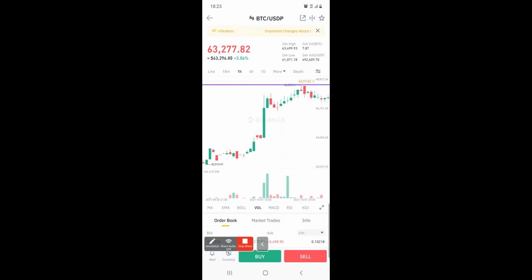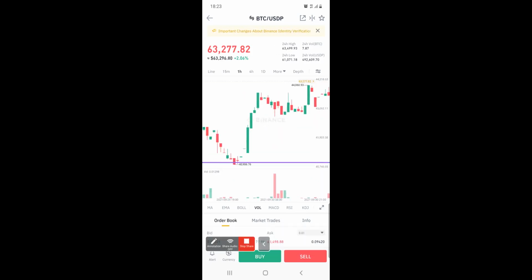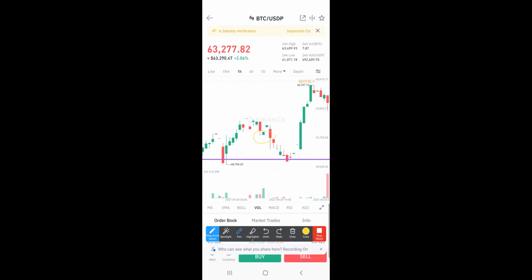It played here too, and it bought. Okay, see this one now. It's a bearish engulfing.